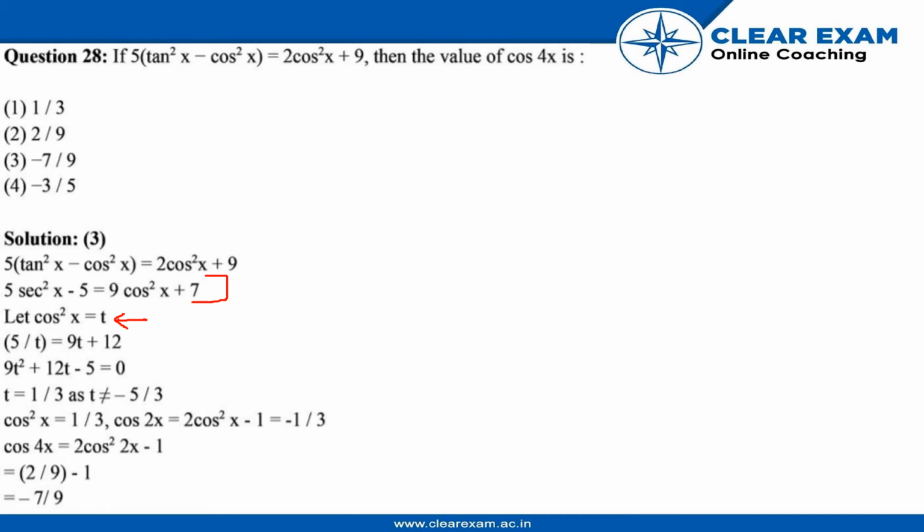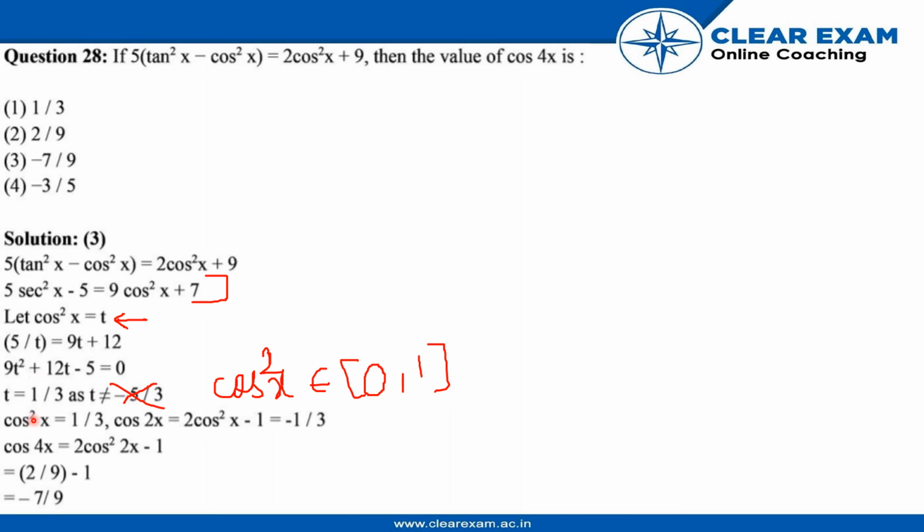We would not consider the value t equal to minus 5 by 3 because we know that cos x lies in the range minus 1 to 1, and cos square x lies in the range 0 to 1. Accepted? Hence the only value possible is 1 by 3.